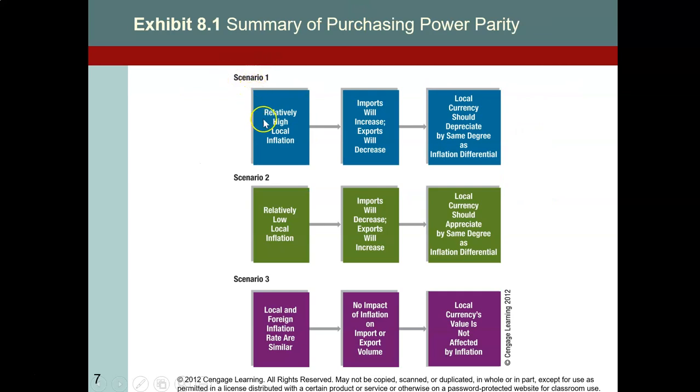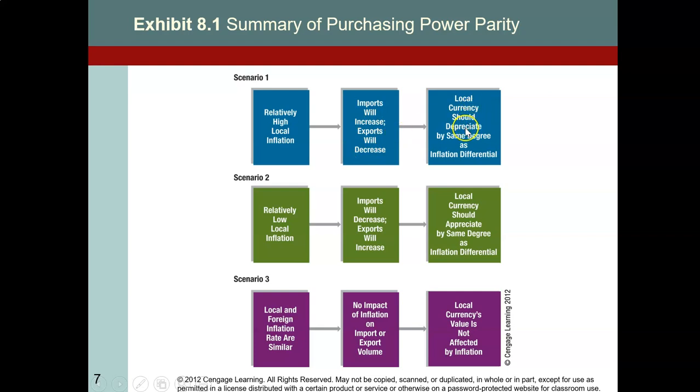Scenario 1, when there's a relatively high local inflation, meaning the price is higher domestically, so we would buy more from foreign countries, right? So imports will increase while exports will decrease.